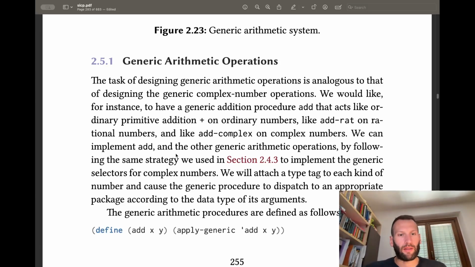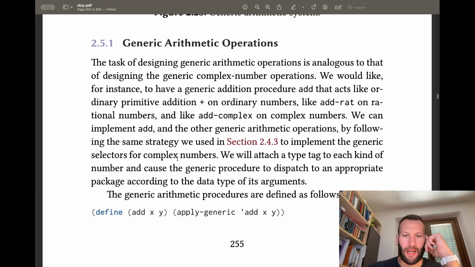We can implement add and the other generic arithmetic operations by following the same strategy used in section 2.4.3 to implement the generic selectors for complex numbers. We will attach a type tag to each kind of number and cause the generic procedure to dispatch to an appropriate package according to the data type of its arguments.